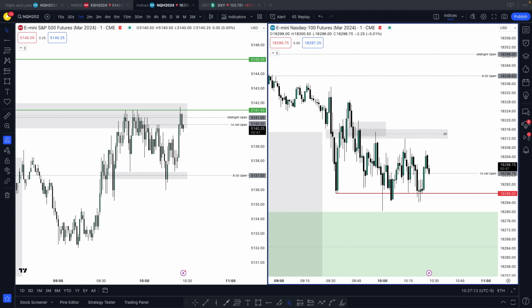Now we'll see if that can support a price run back up toward the 30-minute inefficiency above. If it just gets traded back through again, then we can just remain in consolidation or work deeper into the sell side, which I'm not interested in either of those scenarios. So I would just continue to let price action play out.